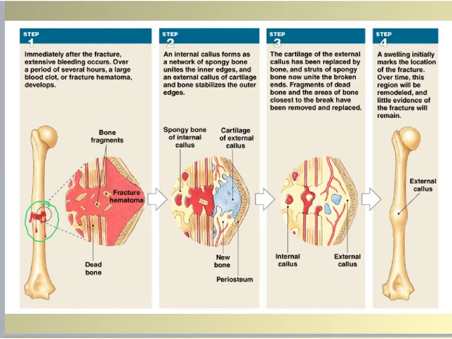But over time, a blood clot will form. So imagine, I'll just draw it in black. Let's just imagine like a blood clot forming here and slowing down that bleeding. And then that blood clot will grow. And so eventually you'll have a larger clot that we refer to as a fracture hematoma.